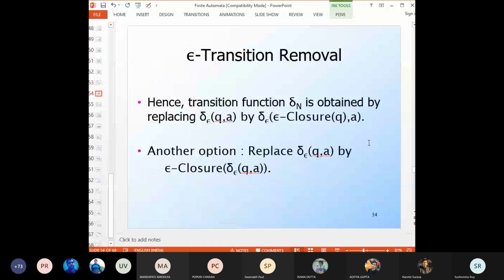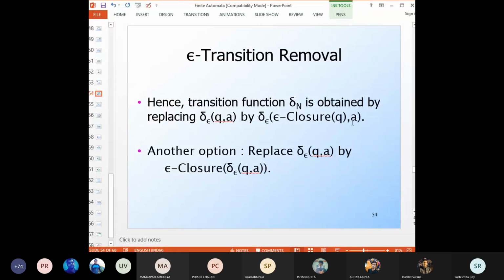Effectively, if you put it mathematically, the transition function of the non-epsilon NFA, that is delta n, is obtained by replacing delta epsilon, the transition function of epsilon NFA, delta epsilon of QA, by delta epsilon of epsilon closure QA.